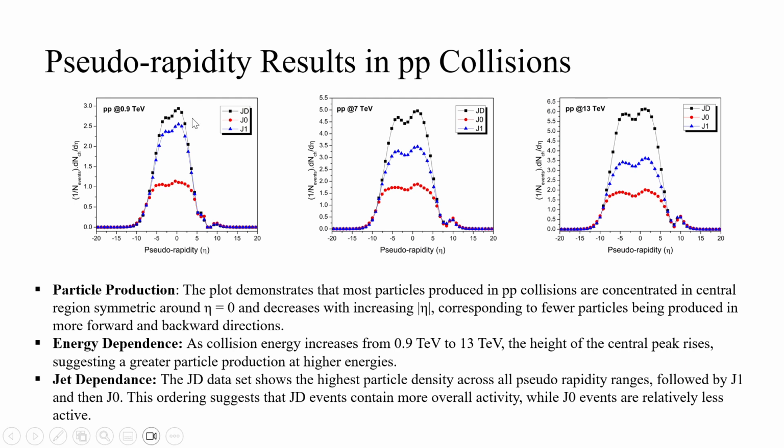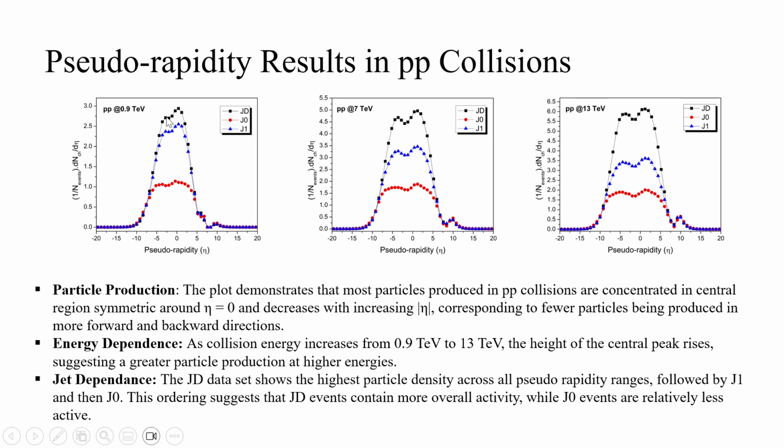Here the black distribution shows when your jet is set as on, the red curve, these circles, shows when your jet value is set as off, and these blue triangles tell us about when you set your jet value as 1. This is similar for all other energies, 0.9, 7 TeV or 13 TeV.